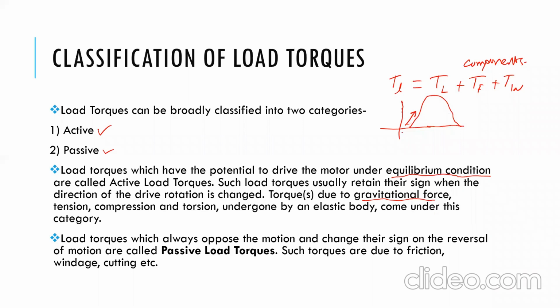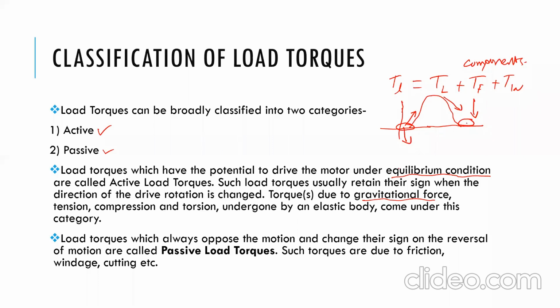What the torque due to gravity does is try to bring the motor to whatever the previous position was. Also, when the vehicle goes down, the torque direction remains the same. Torque due to gravity remains the same, and it wants to bring that particular motor to the original position.